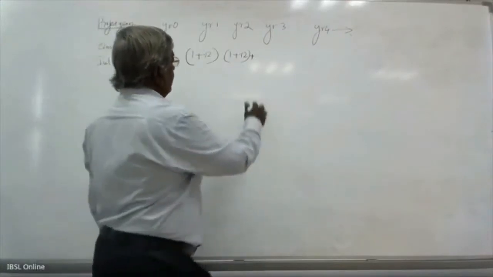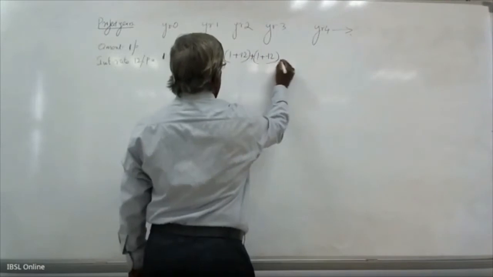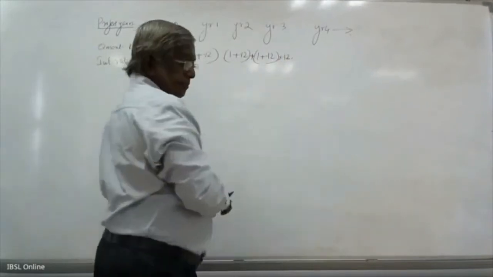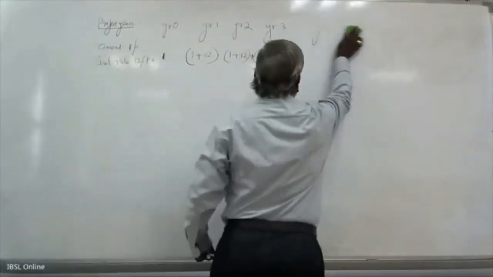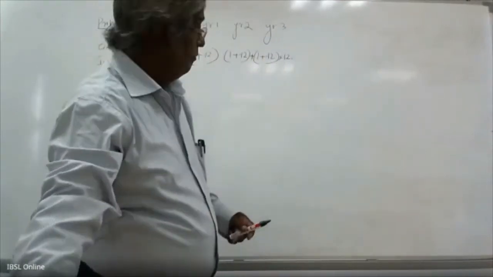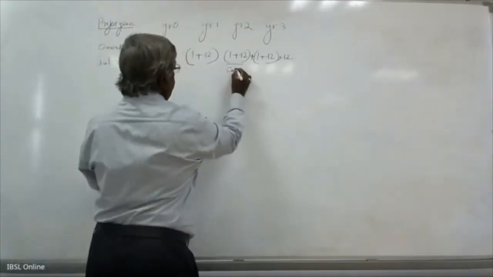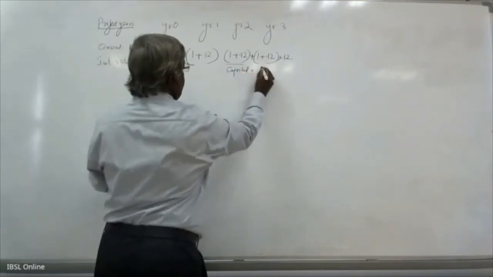That will be 1 plus 0.12 into 0.12. This is the capital portion. This is the interest portion.